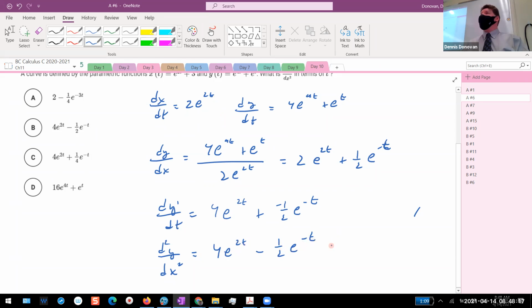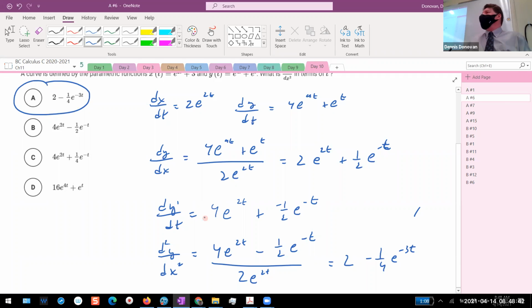Do I have everything right so far? So that's 2, and this is minus 1/4 e to the negative 3t. Okay.